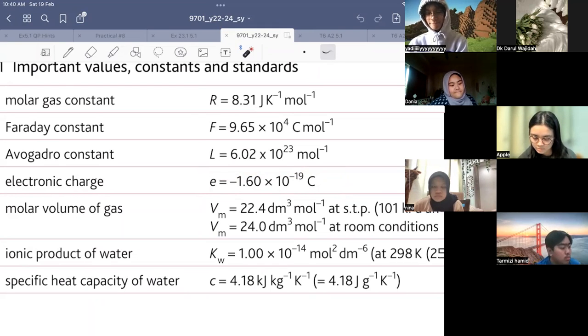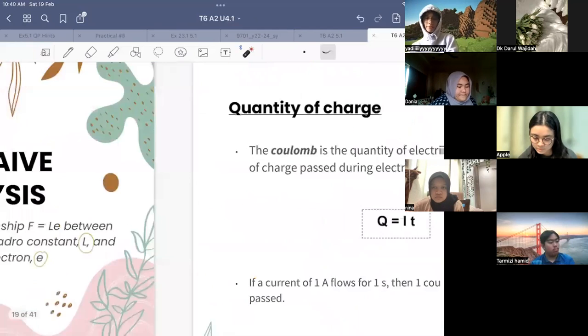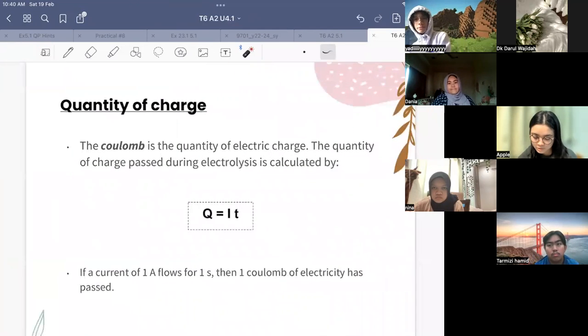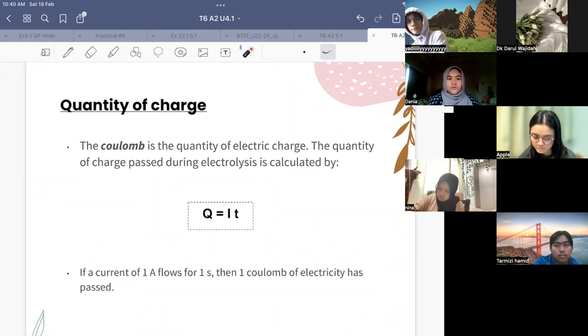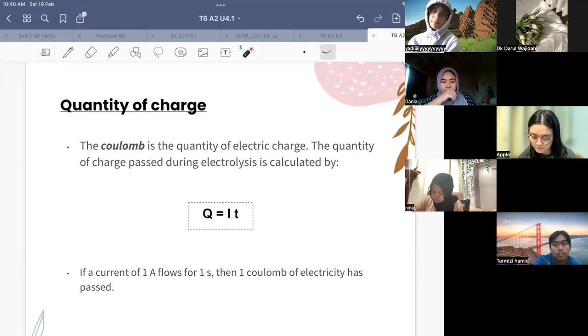So first, I need to introduce you to the units for quantity of charge, which I think the physics students have come across, the expression Q equals I times t. Non-physics students, have you come across the Q equals It expression before?